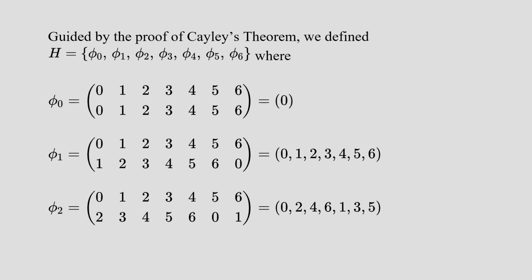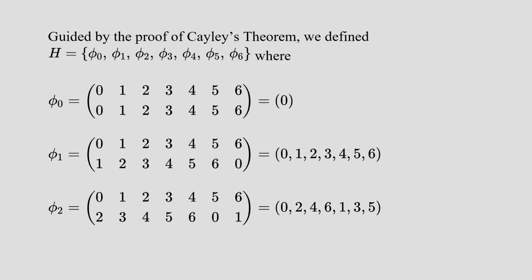Guided by the proof of Cayley's theorem, we define subgroup H with elements from phi sub 0 until phi sub 6, where each of the elements represents a permutation. From the table, we get phi sub 0 equal to the cycle notation (0), as all the elements of the integers modulo 7 map to themselves.